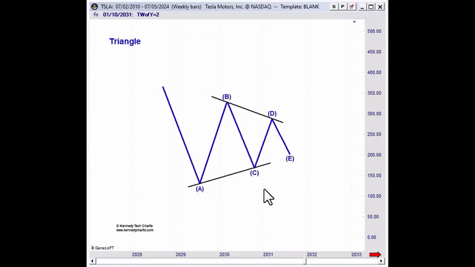As you know, the variations include a running triangle, a barrier triangle, and a truncated triangle, but we're going to focus primarily on the core foundational triangle pattern, the contracting variety, because the guidelines I'm going to be offering on how to trade the triangle are applicable regardless of the specific triangle formation that takes shape, be it a running triangle, a barrier triangle, or a truncated triangle. Now remember, a triangle is a 5-wave pattern where each wave subdivides into 3 waves, specifically a zigzag.